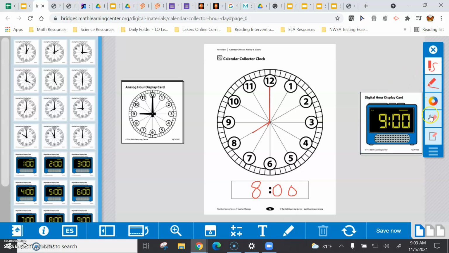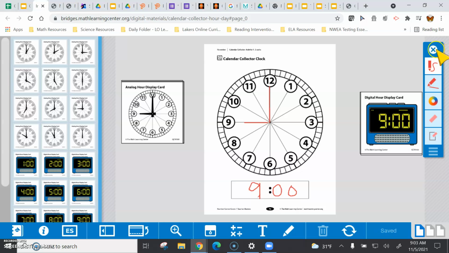We're going to change our clock information here to show a 9 with the little hand pointing towards the 9. And then we will write the number 9 to show that amount on our clock.